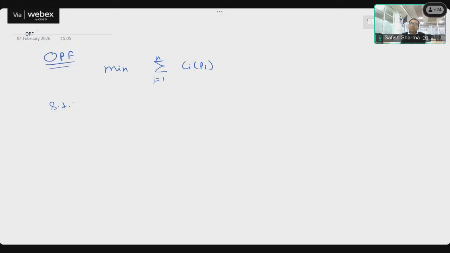To obtain the power flows, we have to see how much power is flowing in each and every line. Let's say a certain bus is there where a generator is connected, a load is connected, and then it is connected to different line segments.